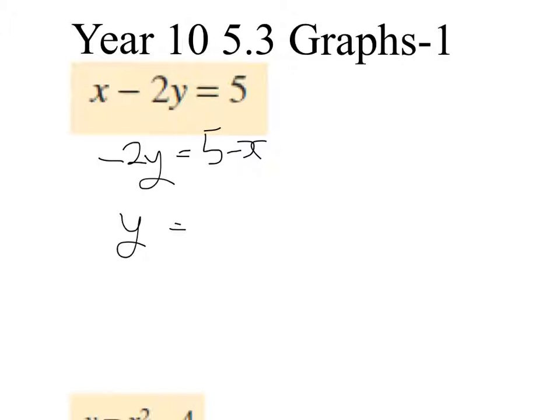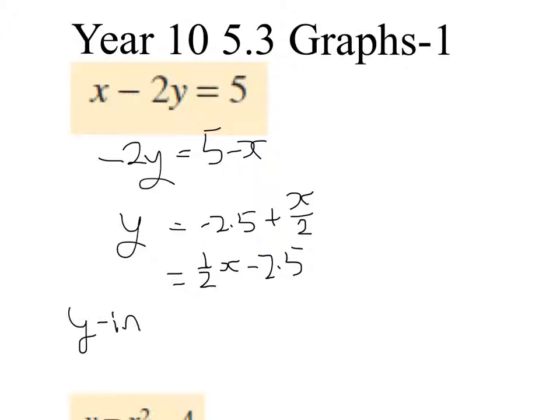So this becomes minus 2.5, and this becomes x over 2. If I rewrite it, it is a half x minus 2.5. Alright, so we have our equation in the gradient intercept form, and we have a y-intercept of minus 2.5.